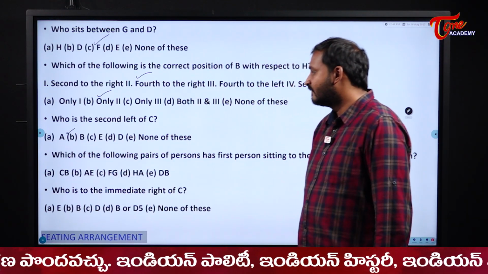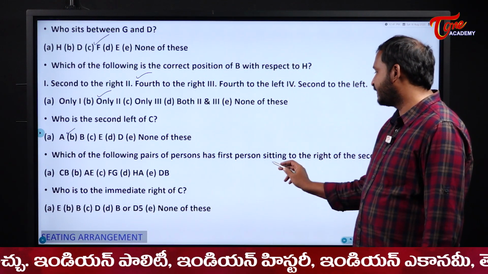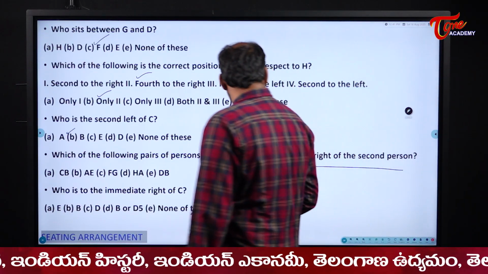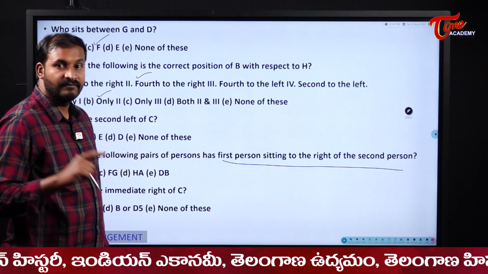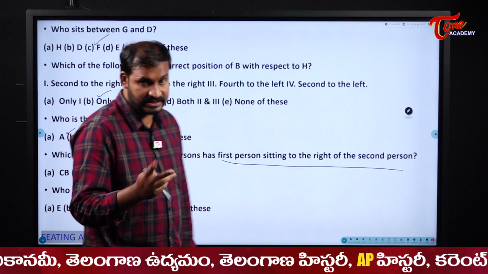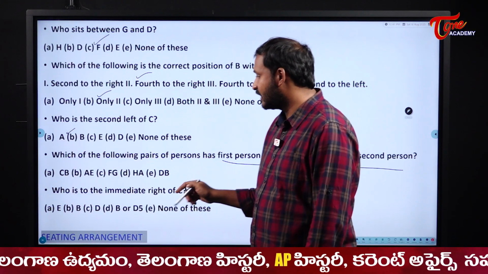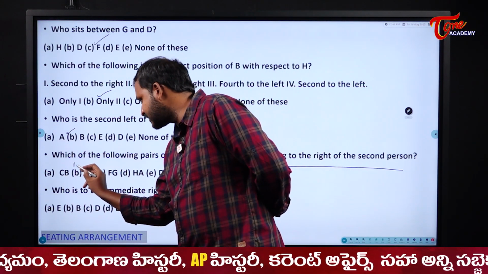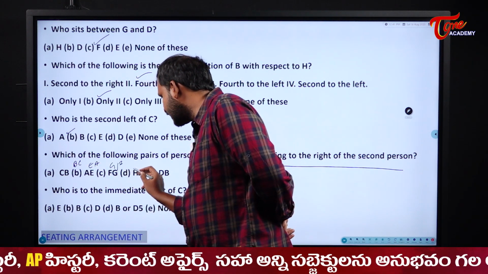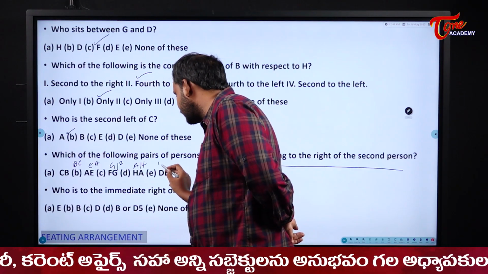Which of the following pairs of persons has the first person sitting to the right of the second person? See students, these are very, very important. This is reverse. The first person should sit to the right of the second person, so you should check this as BC, EA, GF, AH, BD. Please be careful.